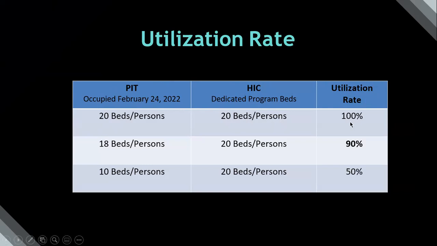That would give us a 100% utilization rate. If we had 18 beds full, that would give us a 90% utilization rate. 10 beds, 50%. The optimal would be 100%, but HUD would like us as a community to have at least a 90% utilization rate.